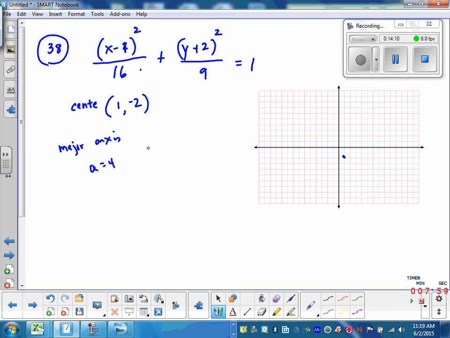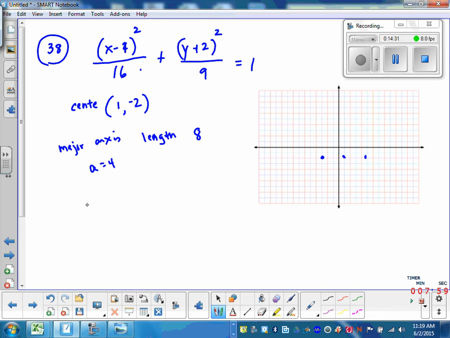So the length of the major axis is going to be 8, right? So I'm going to go 4 this way. So there's one of my vertices, and 4 this way. So there's the other vertex.